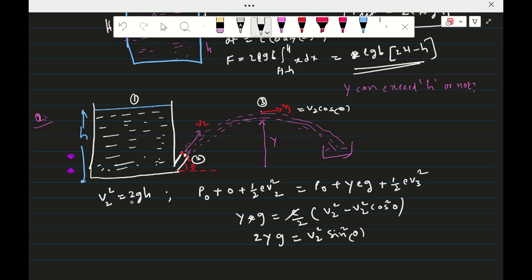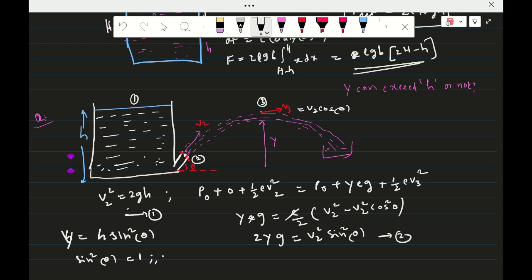Here this V2 value is equation 1, this is equation 2. Substituting 1 and 2, y is equal to H sin square theta. Now y is equal to H when sin square theta is maximum, that is theta equal to 90.